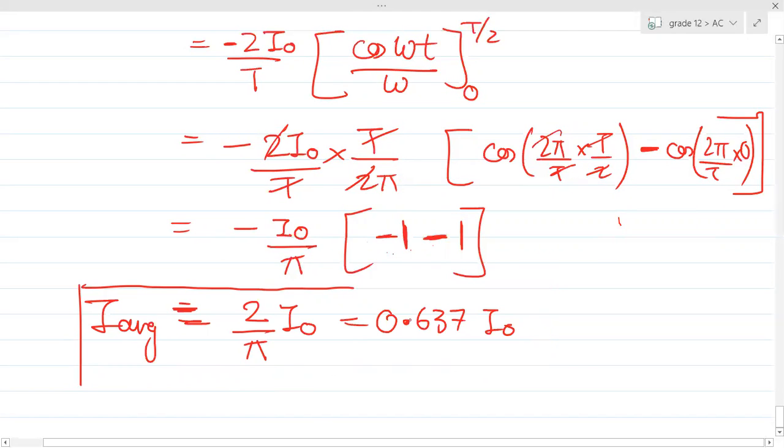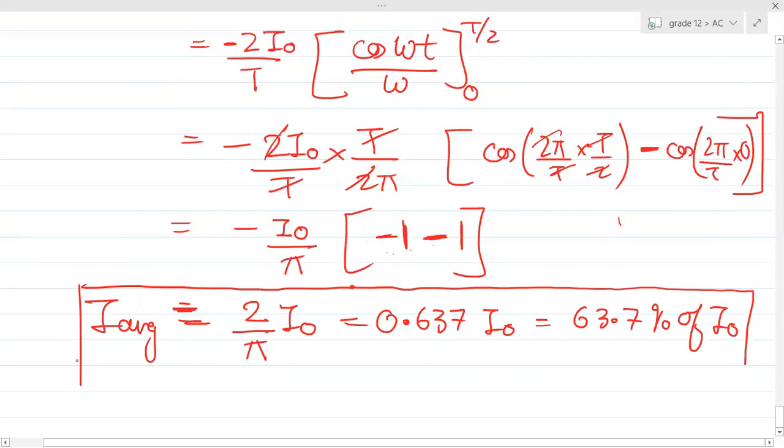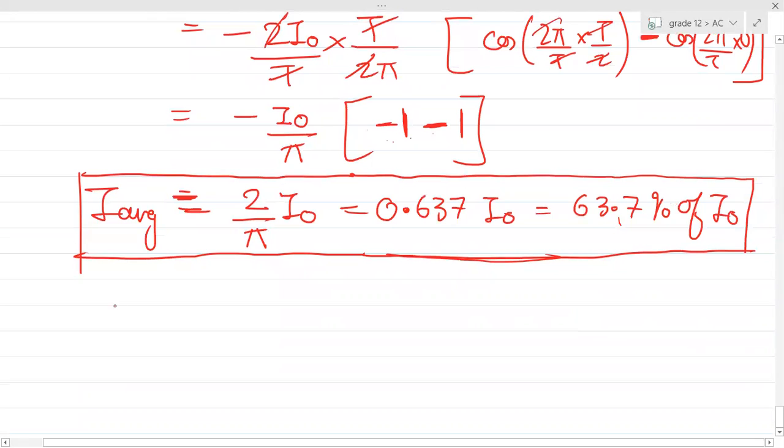If it is 0.637, can I write it as 63.7% of I naught? So whenever you are converting a sinusoidal AC to a DC current, you will assume the average value to be 63.7% of the maximum value.